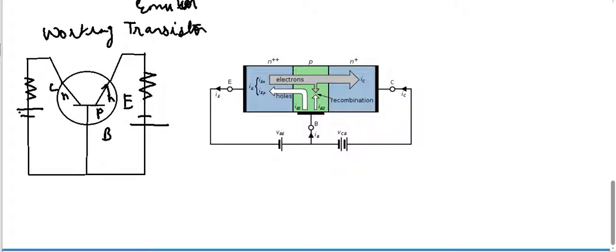This is schematically represented here on the right side, figure taken from Wikipedia. Here again the emitter is N type and is connected to the negative side, and the P or base is connected to the positive terminal of the battery. So this is in forward bias mode.